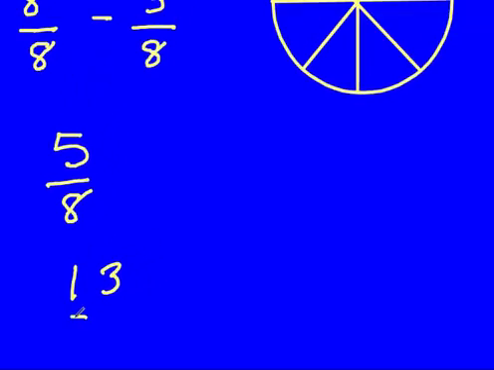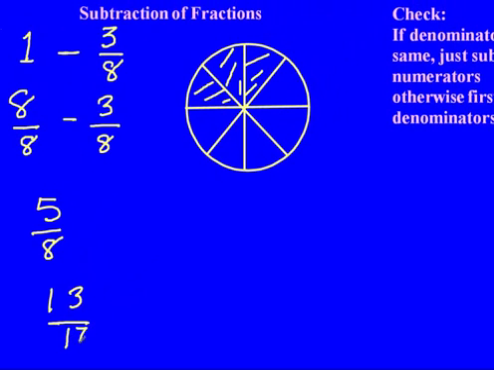Now, fairly straightforward. I can give you a question to practice. Try this question: 13 over 17 subtract 5 over 17. Once again denominators are the same, so what would be your answer?